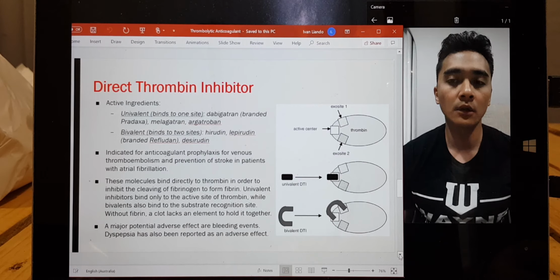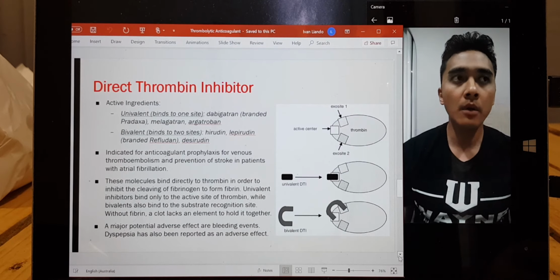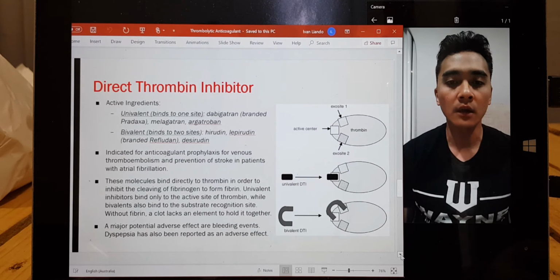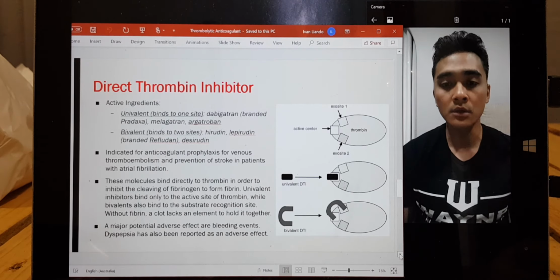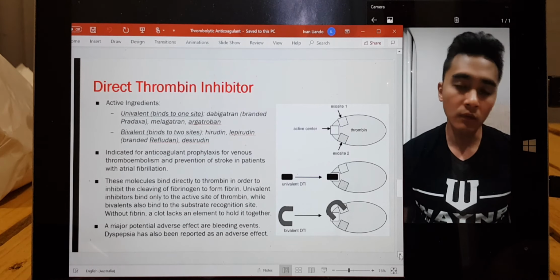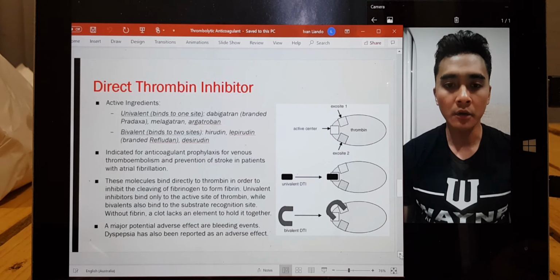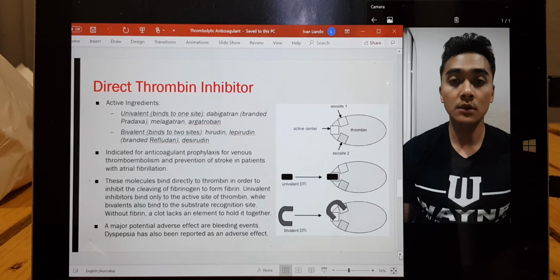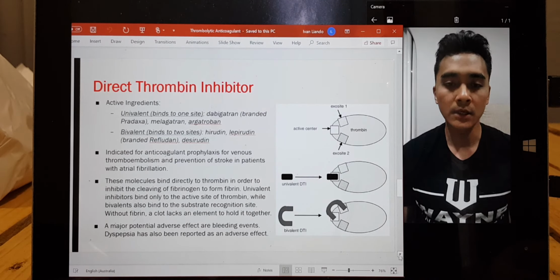Univalent inhibitors include dabigatran, malagatran, and argatroban, and they bind only to the active site on thrombin, while bivalent ones, hirudin, lepirudin, and desirudin, bind to exosite 1 and the active site. And as you can see there in the diagram, exosite 1 is the substrate recognition site, incidentally.